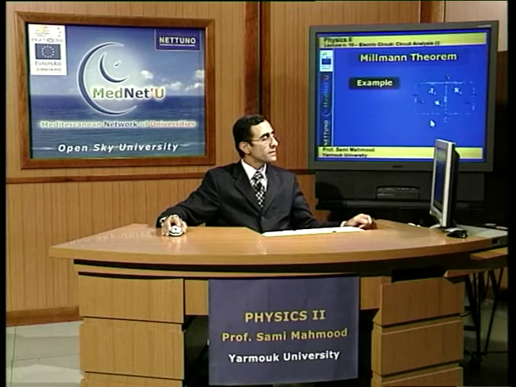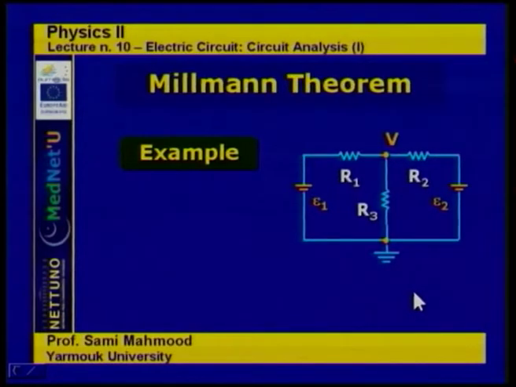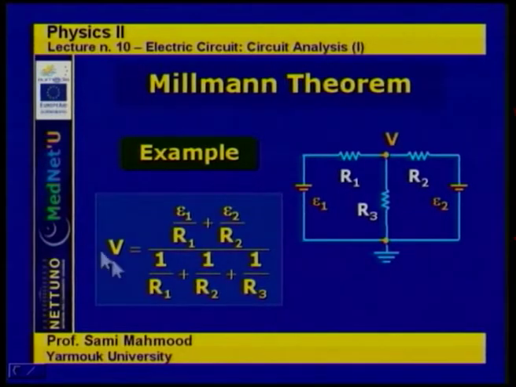And to demonstrate, we can use the example that we mentioned a little while ago, the double node circuit, and we apply Millman's theorem, and we find that V, which is V minus 0, the potential across this set of parallel branches, is equal to epsilon 1 over R1, plus 0, because epsilon is 0 in this branch, plus epsilon 2 over R2, all over 1 over R1 plus 1 over R2 plus 1 over R3.